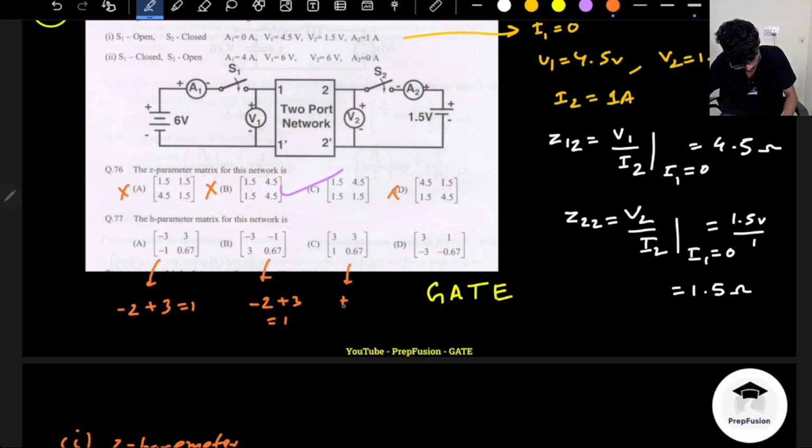This is plus 2 minus 3, not possible, determinant minus 1. This is minus 2 plus 3, again possible. So all of them have determinant 1. So options A, B, D have determinant 1, so these networks are symmetrical. But how do I solve it then?